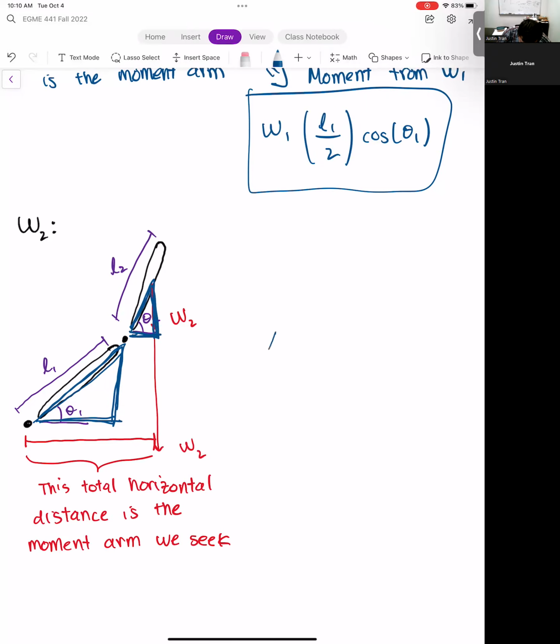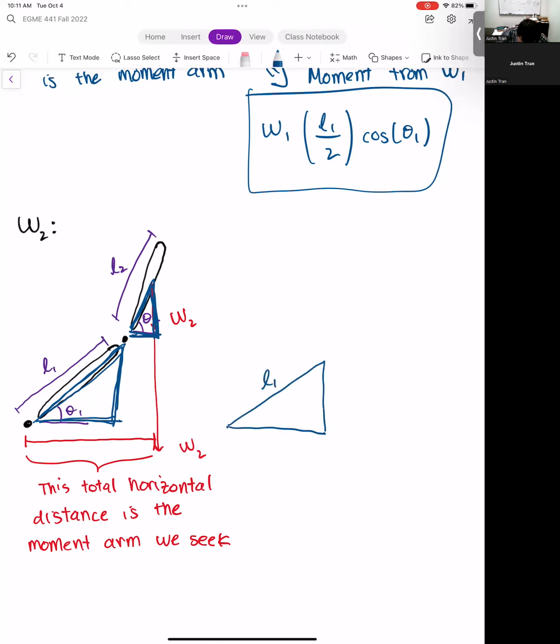And so we have two triangles, and so let me go ahead and draw them out here just for the sake of clarity. And so the first triangle is going to have a hypotenuse of L1. It's going to have an angle of theta 1, and then our other triangle here, I'm trying to draw this so that they actually look different. So actually, let me go ahead and redraw that for a second.